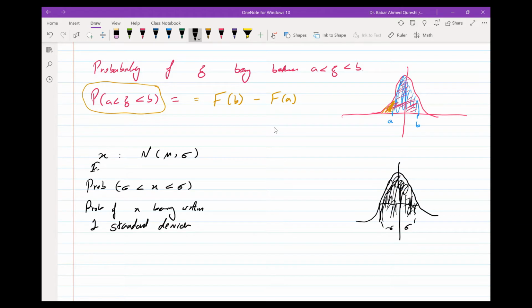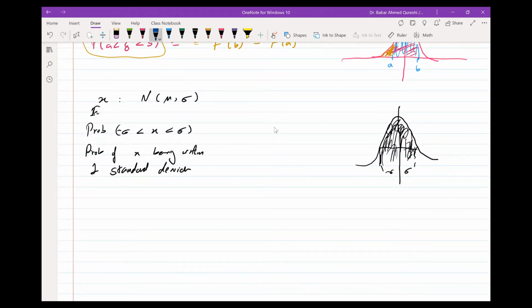So what you can do again is compute this variable Z. Now, here when X is equal to sigma, Z is equal to 1. And when X is equal to minus sigma, Z is equal to minus 1.